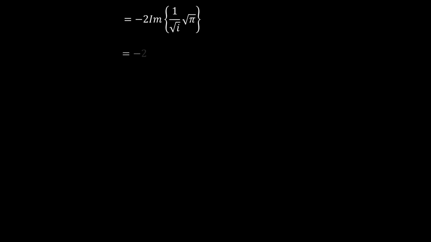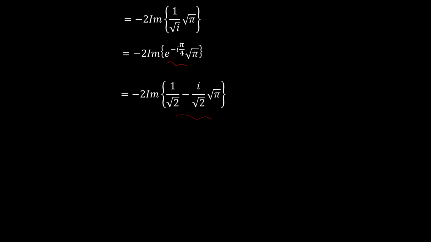And as we proceed, we've definitely obtained that, and this is the same as that. And the imaginary part now is this part. And this is what we've extracted, root pi over root 2.